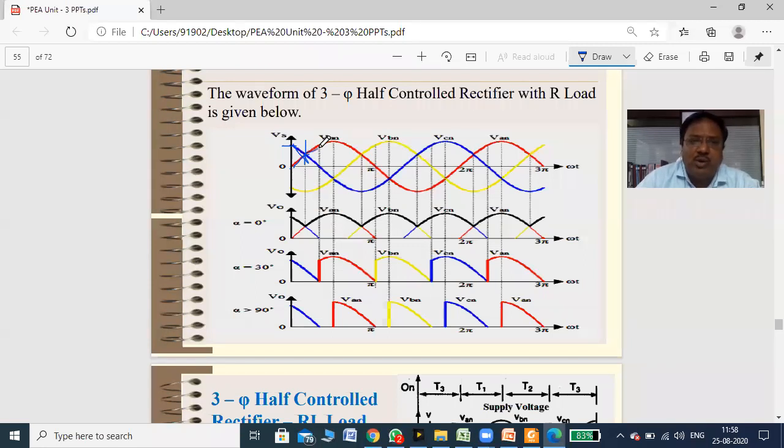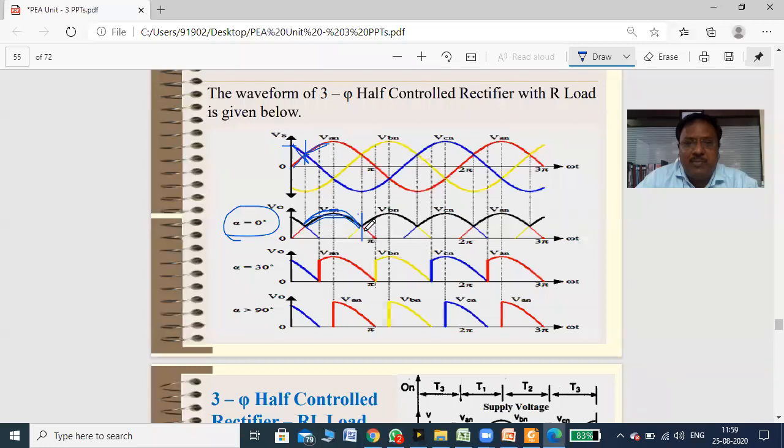As soon as you apply the triggering pulse to thyristor T1, you immediately get this pulse. This first waveform is for alpha equal to 0. From 30 to 150 degrees, thyristor T1 is continuously on.